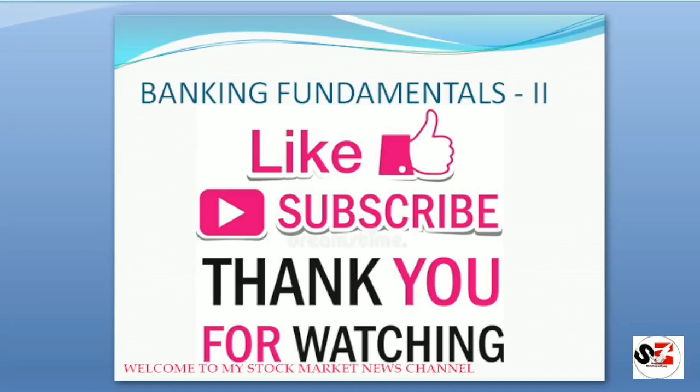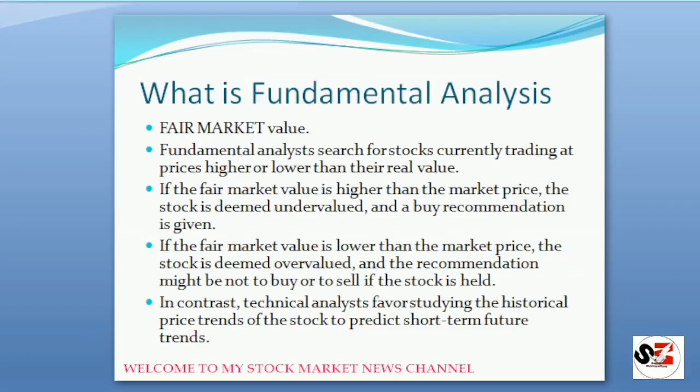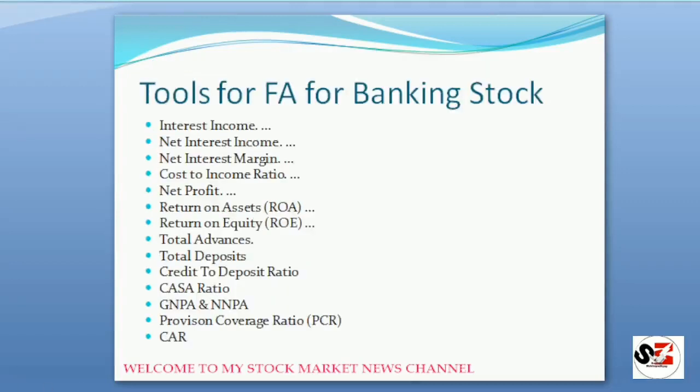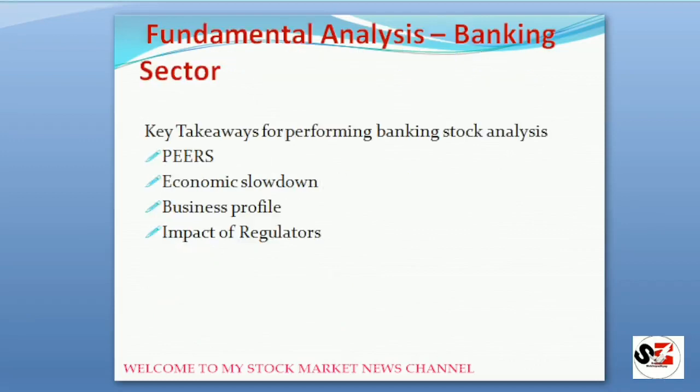We already discussed all the parameters, just in overview. We discussed fundamental analysis and the tools used, and then EPS, PE ratio, return on equity, price to book value, PB ratio, beta, price to sales ratio, and next we also discussed total advances, total deposits, CD ratio, CASA ratio, GNPA, NNPA.